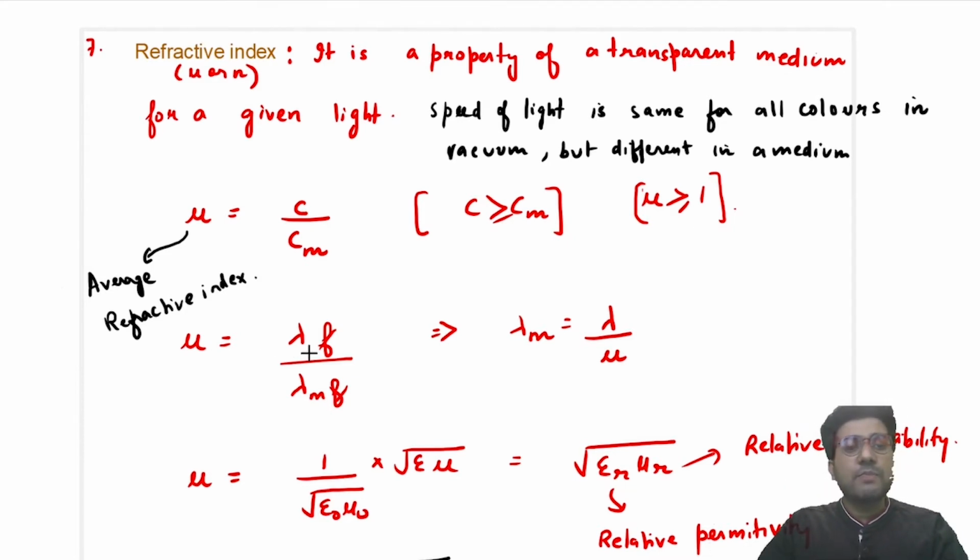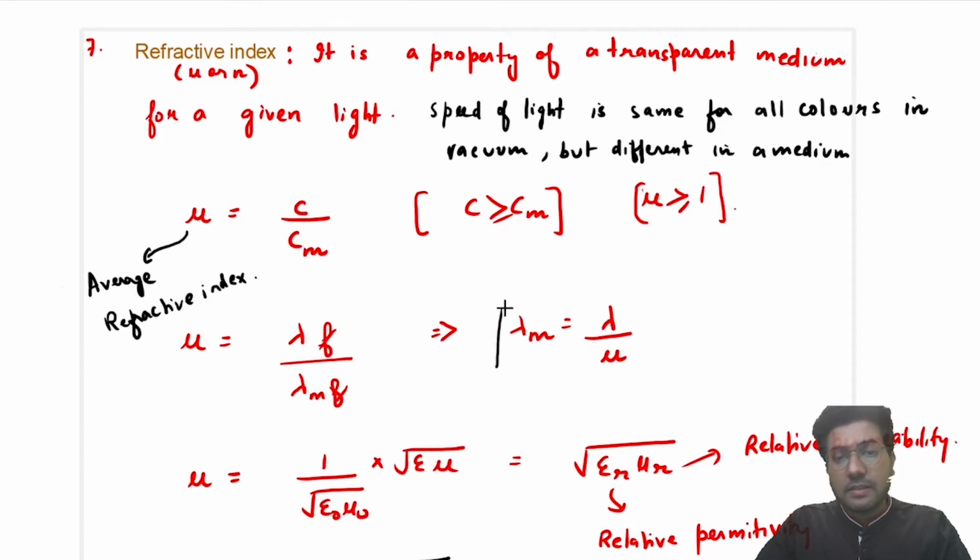Mu can also be written as, see, C is equal to lambda into f. Cm is equal to lambda m into f. This lambda, this wavelength, is in vacuum and this wavelength is in the medium. Wavelength changes from one medium to another, but frequency does not change. So frequency will get cancelled. So from this, sometimes you will require the wavelength in the medium.